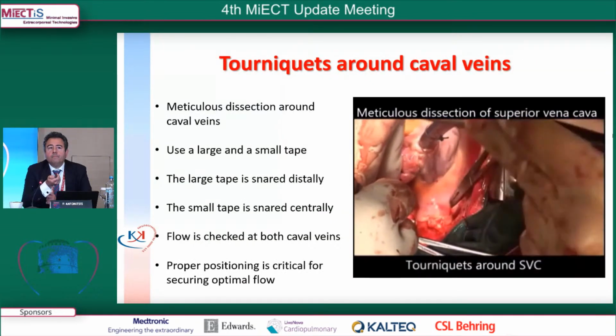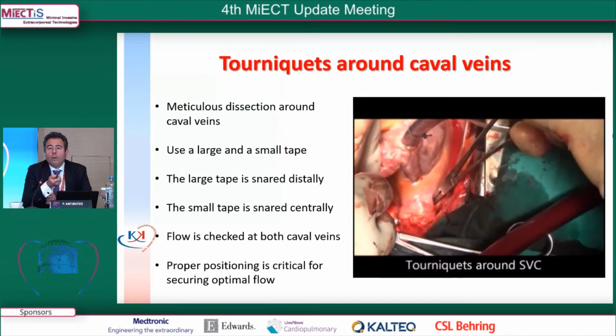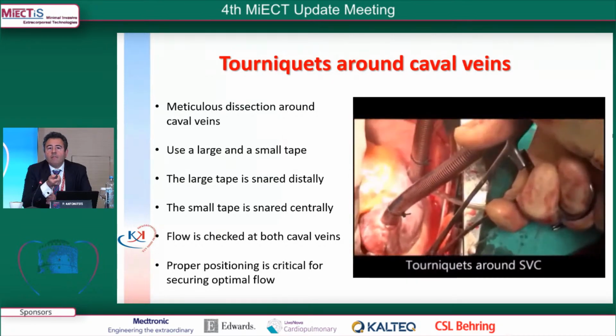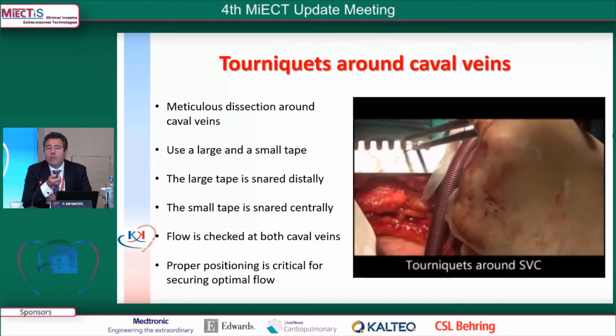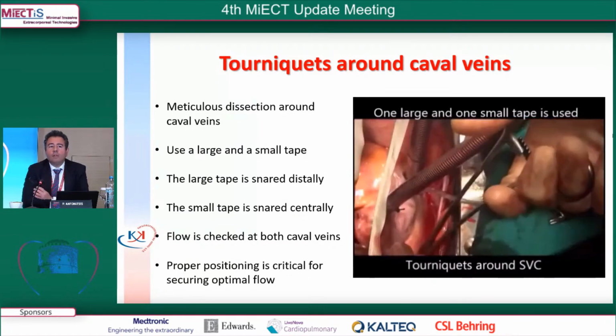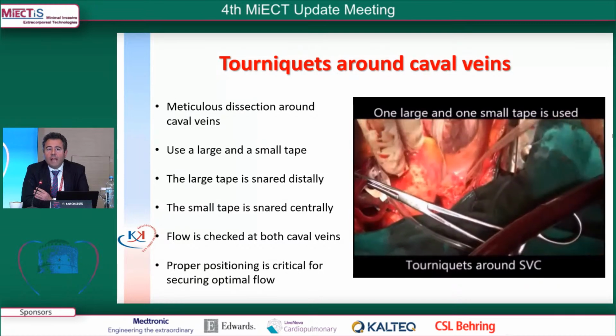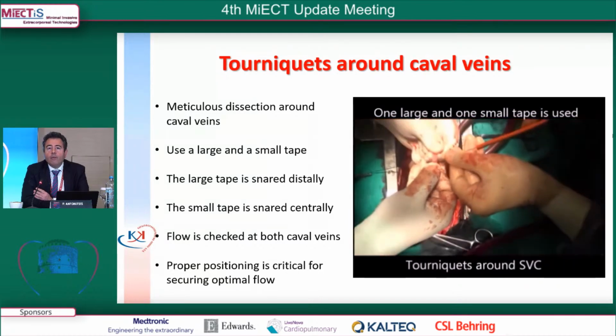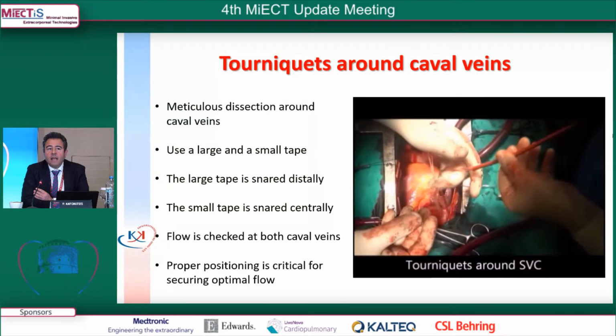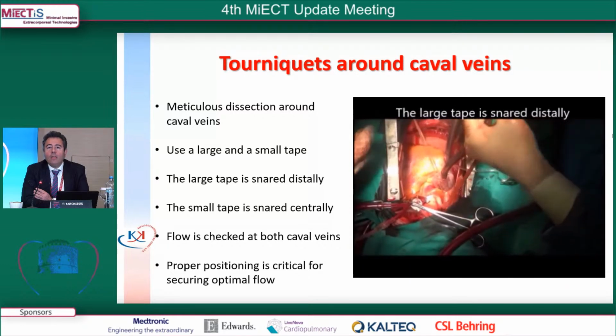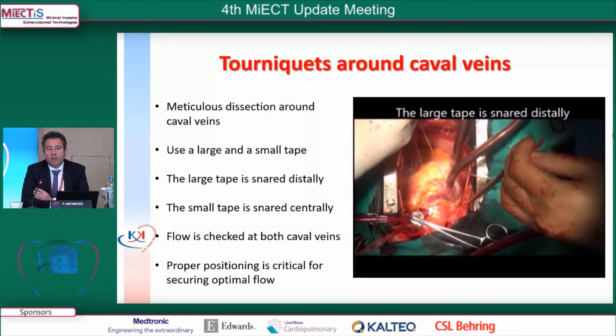And when putting a tourniquet around the caval veins, do a meticulous dissection around the caval veins in order to avoid inadvertent holes. Use a large and a small tape, so 2 tapes for each caval vein. The large tape is snared distally, while the small tape is snared centrally.